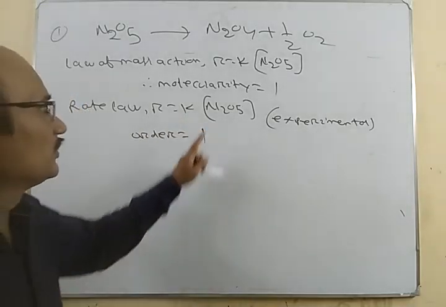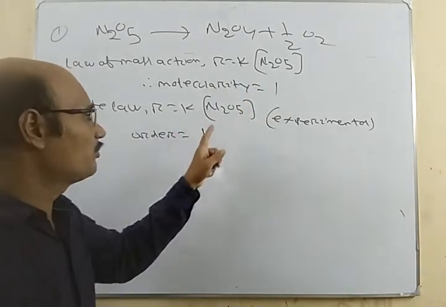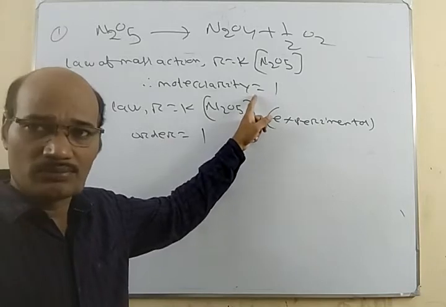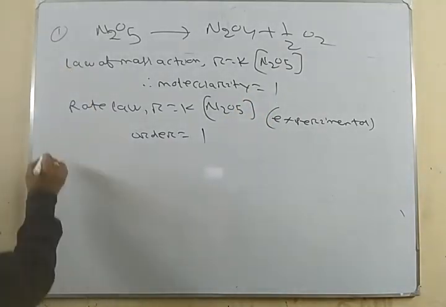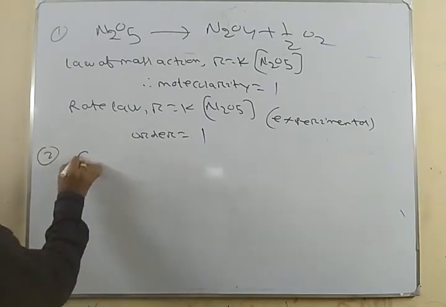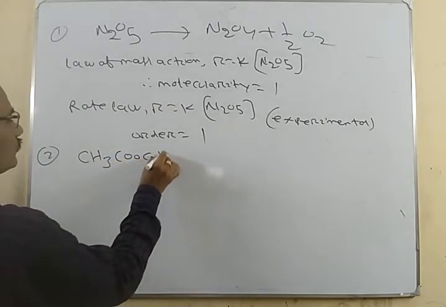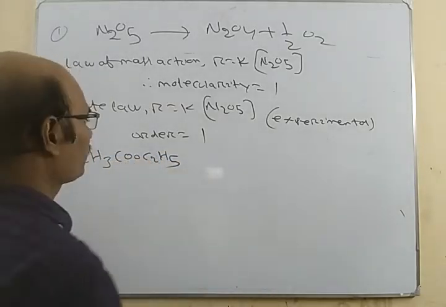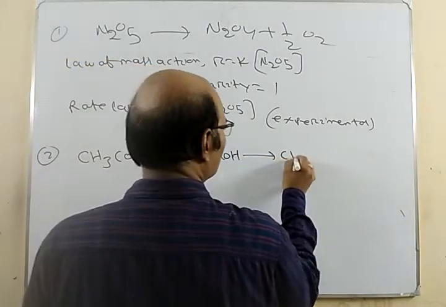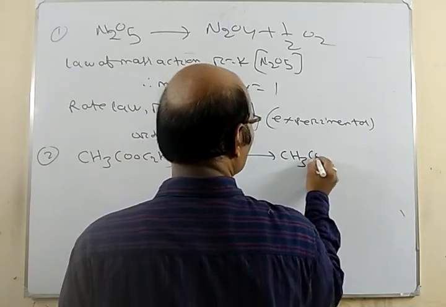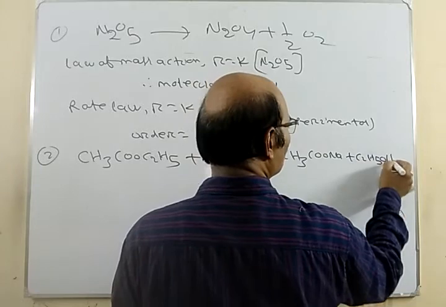So here the order and molecularity both are the same. The rate law and law of mass action both are the same. And such a type of reaction is also called what? An elementary reaction. Number 2, if I take CH3COOC2H5 plus NaOH giving CH3COONa plus C2H5OH.